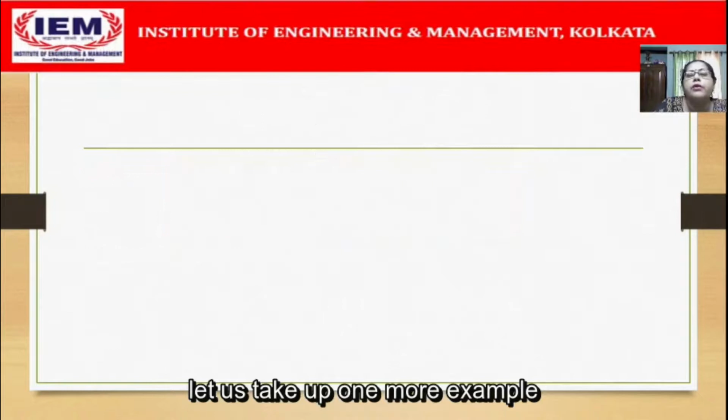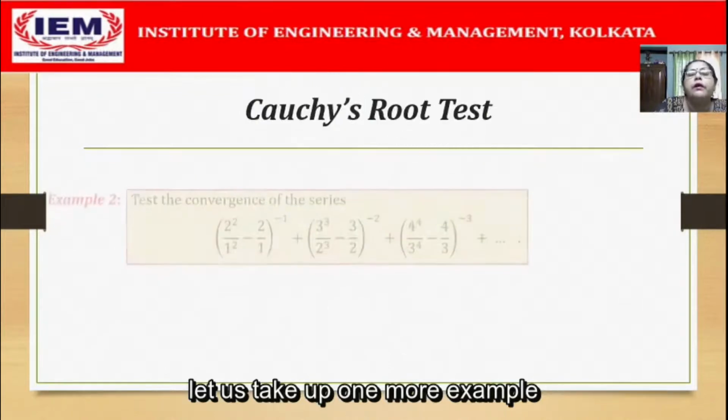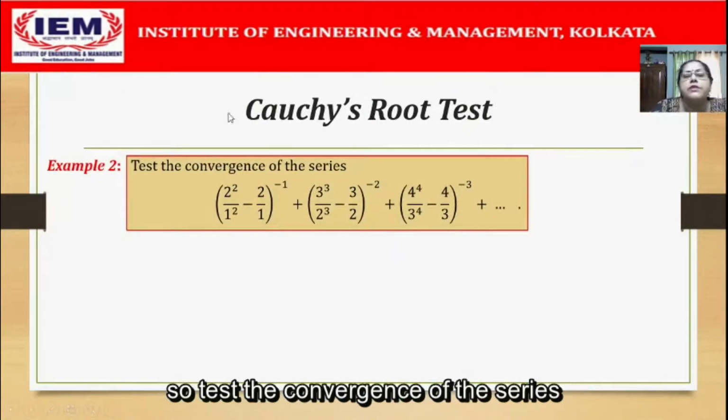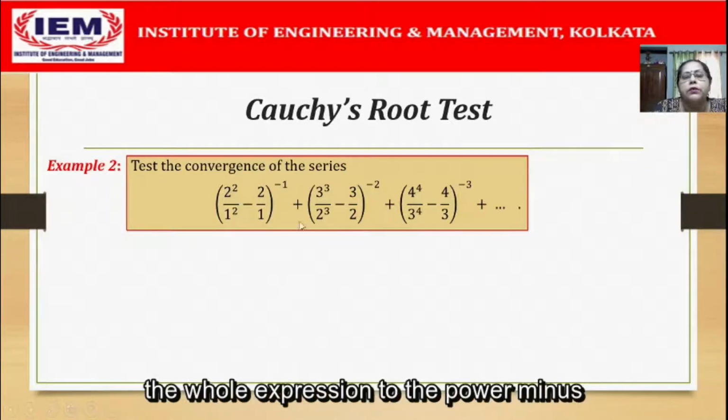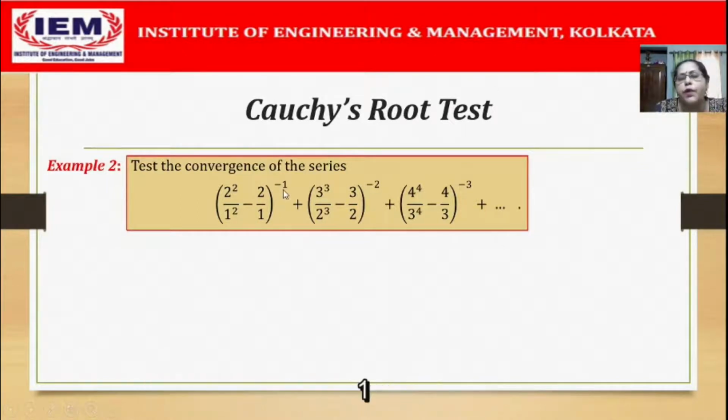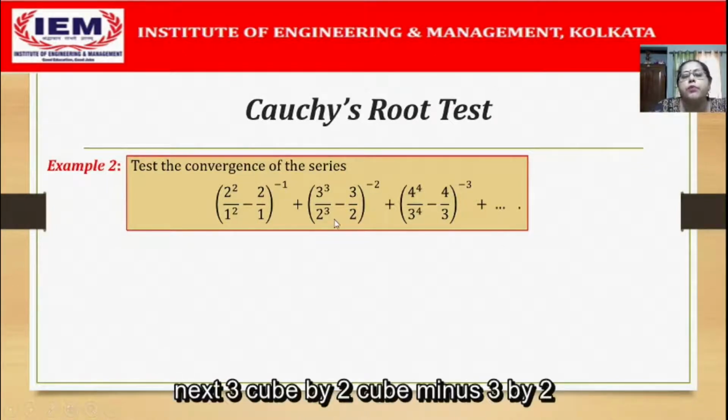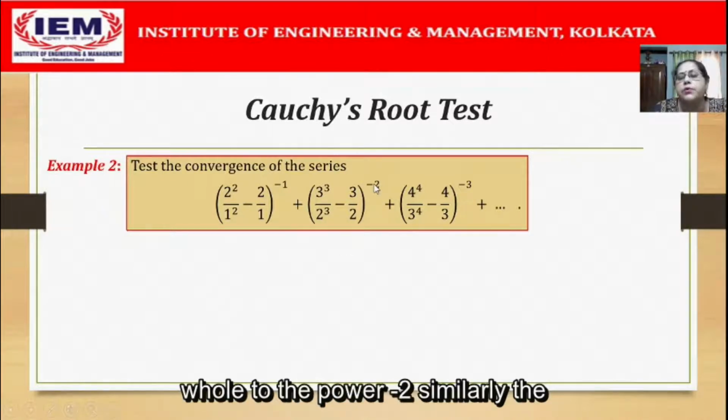Let us take up one more example. Test the convergence of the series (2 square by 1 square minus 2 by 1) whole expression to the power minus 1, next (3 cube by 2 cube minus 3 by 2) whole to the power minus 2.